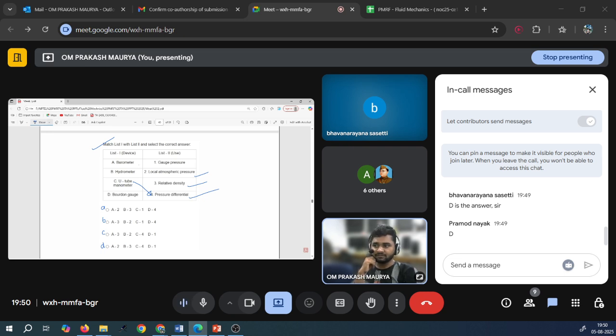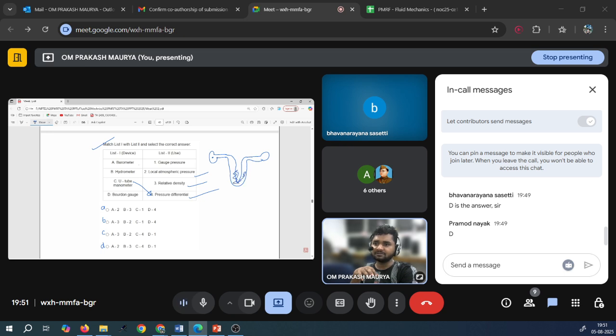The U-tube manometer is used for pressure difference, because what we do in a U-tube, just for your clarification: let us suppose this is one pipe and it is connected like that, and let us suppose water is flowing and we fill here the mercury.